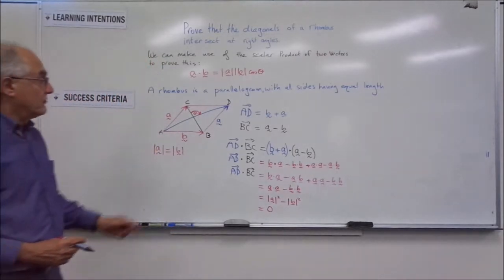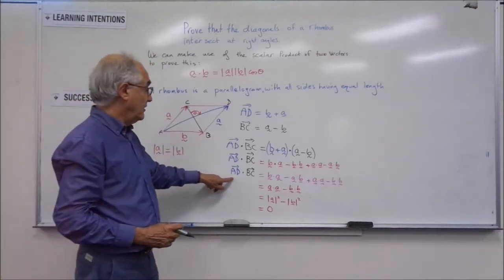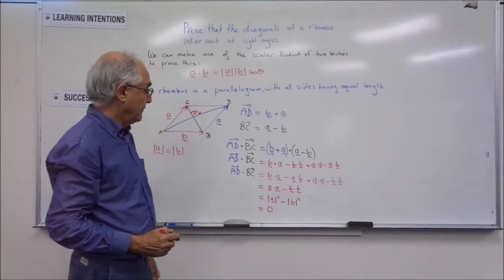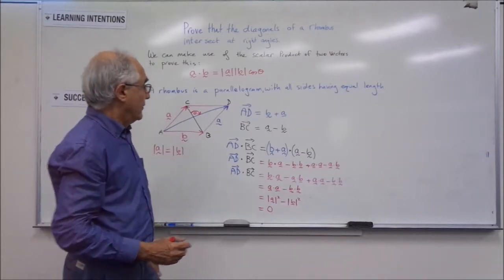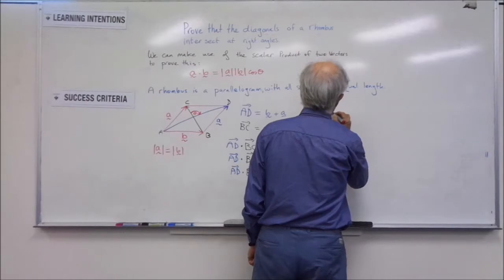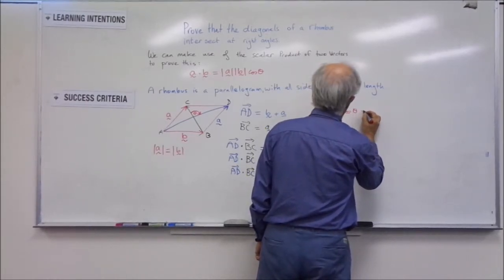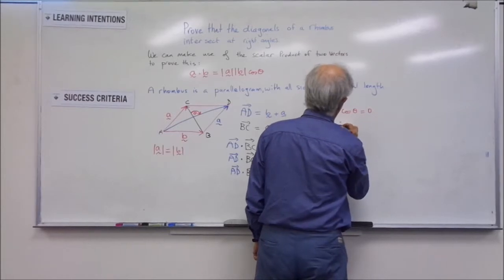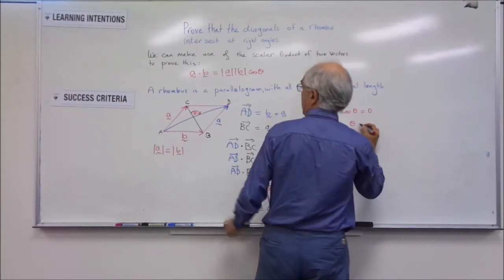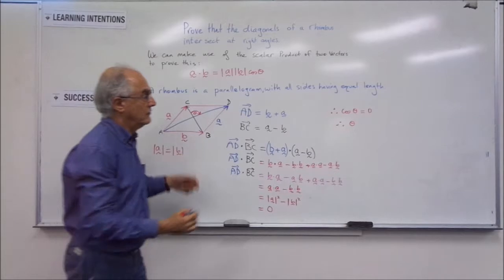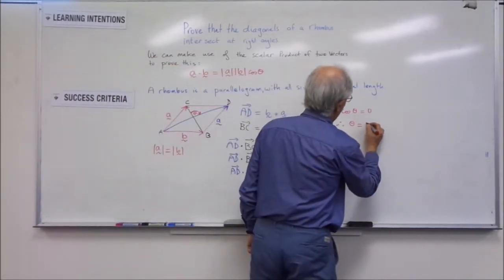So we have found that the scalar product between AD and BC equals 0. So therefore we can deduce that cosine of theta equals 0, and therefore the angle between the vectors BC and AD is equal to 90 degrees.